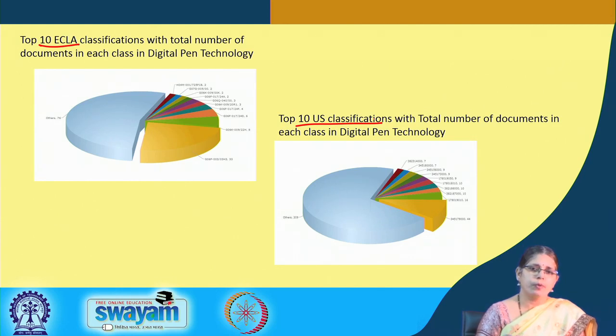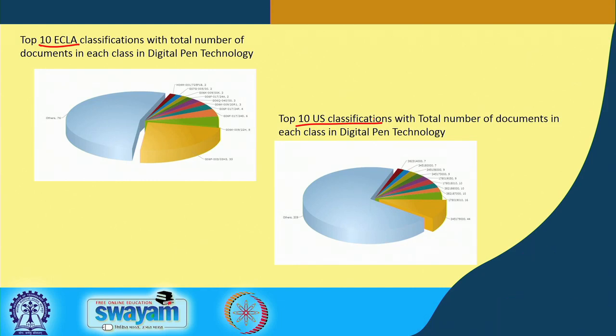This provides you the information in relation to the country classification system as well as the international patent classification system, because many patent offices maintain both types of codes, and so it is important to keep this aspect in mind. Thank you.